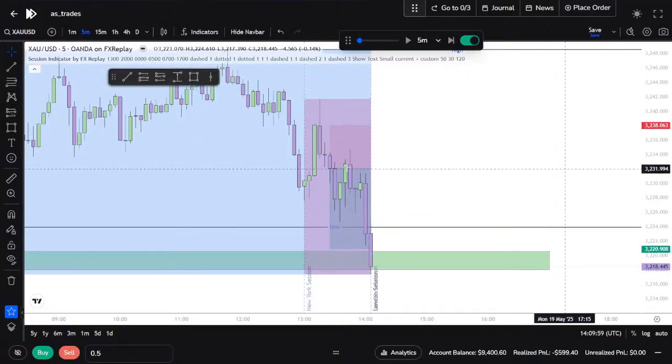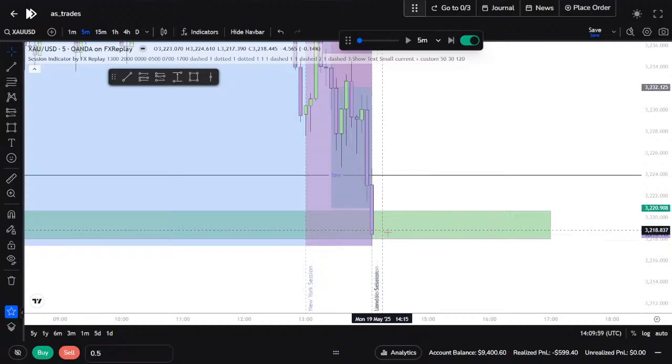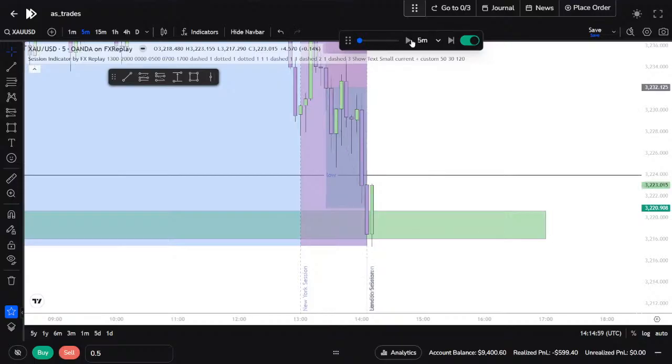But now here comes the hard part. We're going to see if it respects the fair value gap, and if so, we're looking for signs of reversal. There you go. Perfect sign of reversal. That's an engulfing candle.